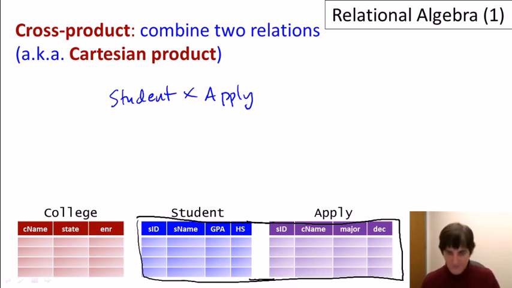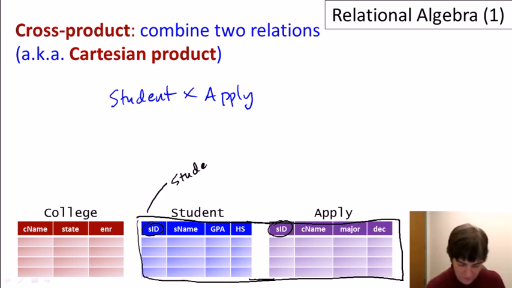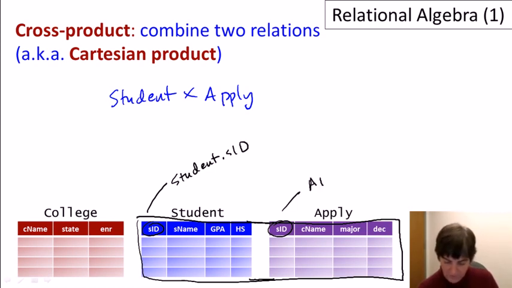Now the only small little trick is that when we glue two relations together, sometimes they'll have the same attribute name. We can see we have SID on both sides. So just as a notational convention, when cross product is done and there's two attributes that are named the same, they're prefaced with the name of the relation they came from. So this one would be referred to in the cross product as student.sid, where this one over here would be referred to as apply.sid.